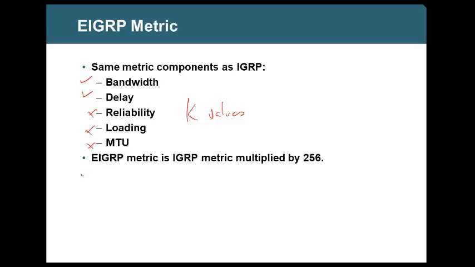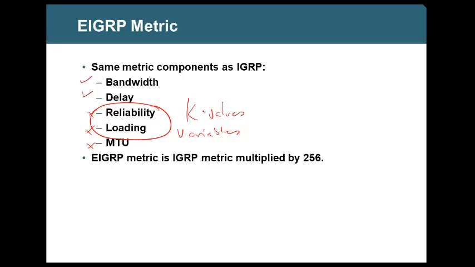Why? Reliability and load are variables. If someone is using the network, the load will go high. If the load goes high, the reliability will go down. When someone stops using download, the load will go down and reliability will go high. So this keeps on fluctuating, up and down.